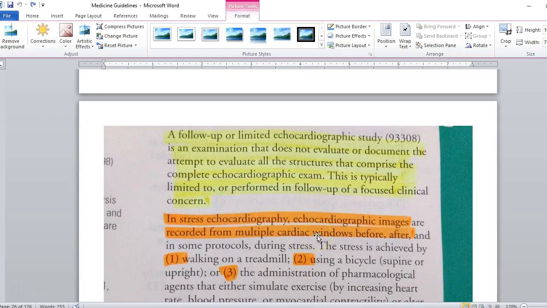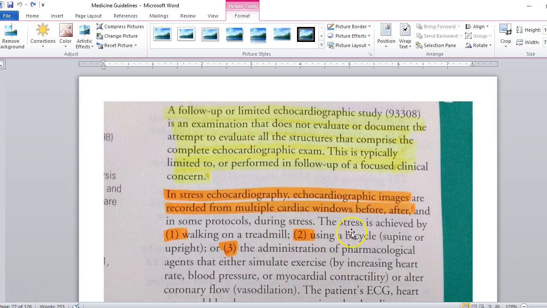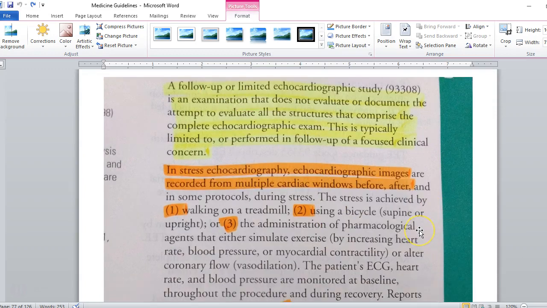Now, it goes up to tell us that a follow-up or limited echocardiographic study, 93308, is an examination that does not evaluate or document or attempt to evaluate all the structures that comprise the complete echocardiographic exam. This is typically limited to or performed in follow-up of a focused clinical concern. So again, 93308 is basically like a quick look.